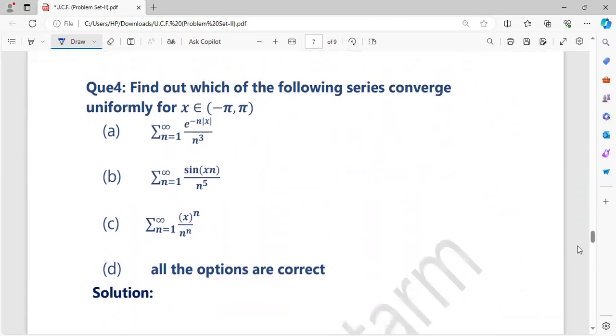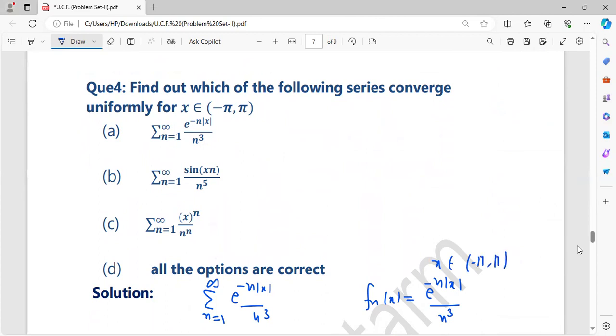So what about this question? Now see that the first series is this. What is fn x? fn x is e to the power minus n cubed x. Because I am taking x from this interval, it will always be bounded by less than 1.